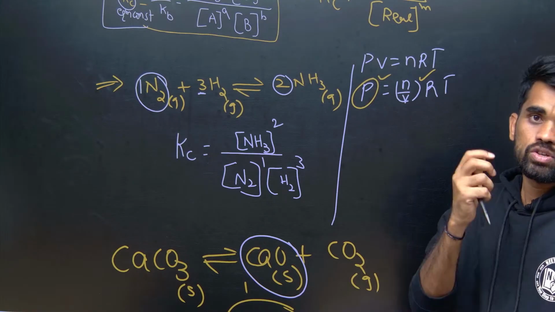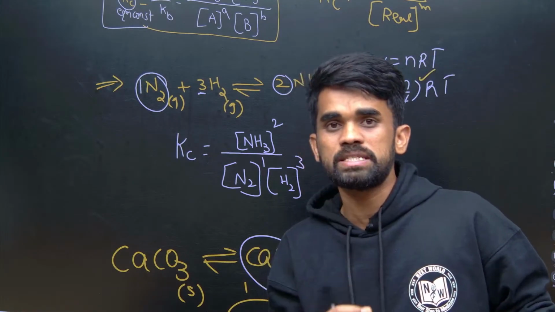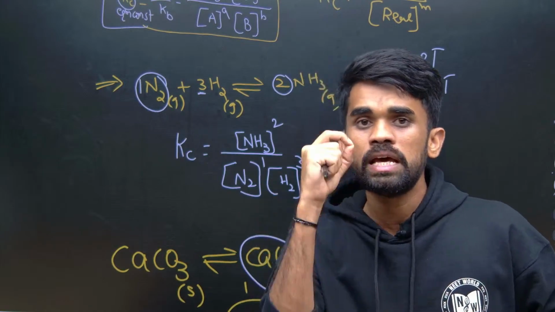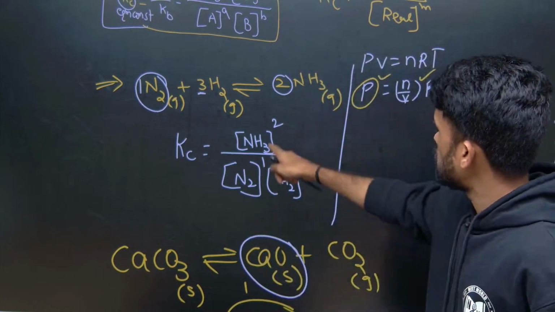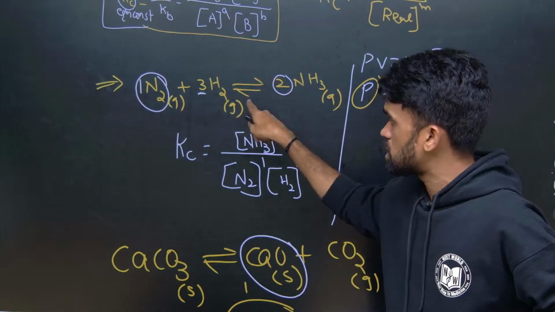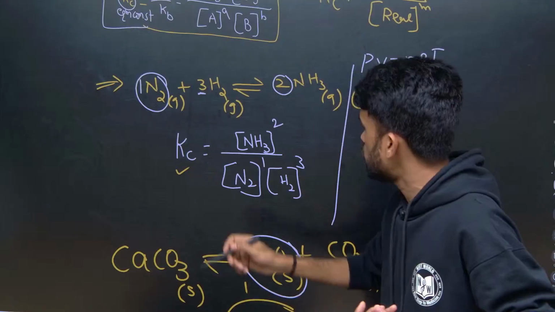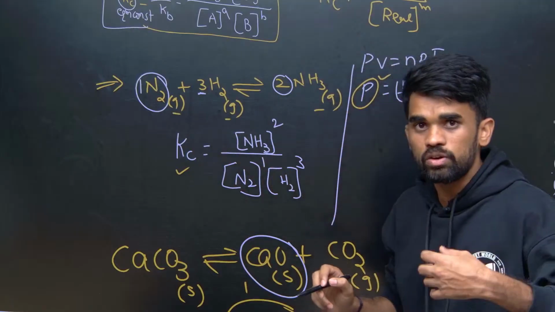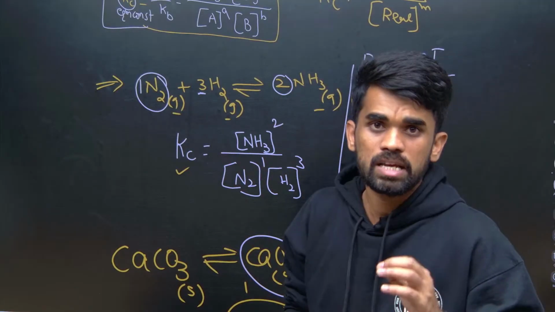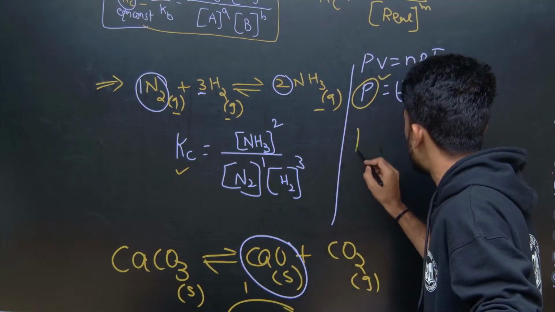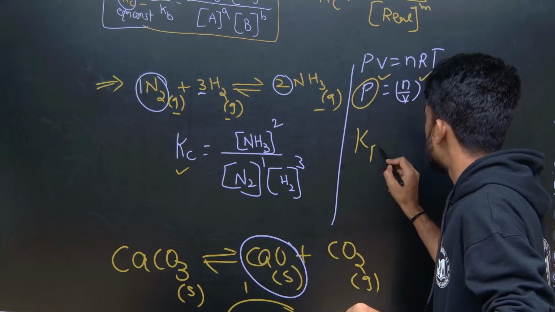Partial pressure we generally express when the reactants and products are in gaseous form. For this particular reaction I have represented in terms of their molarities also. Now, because all these are in the gaseous state, we can also write in terms of their partial pressures. At that time the equilibrium constant is called Kp.